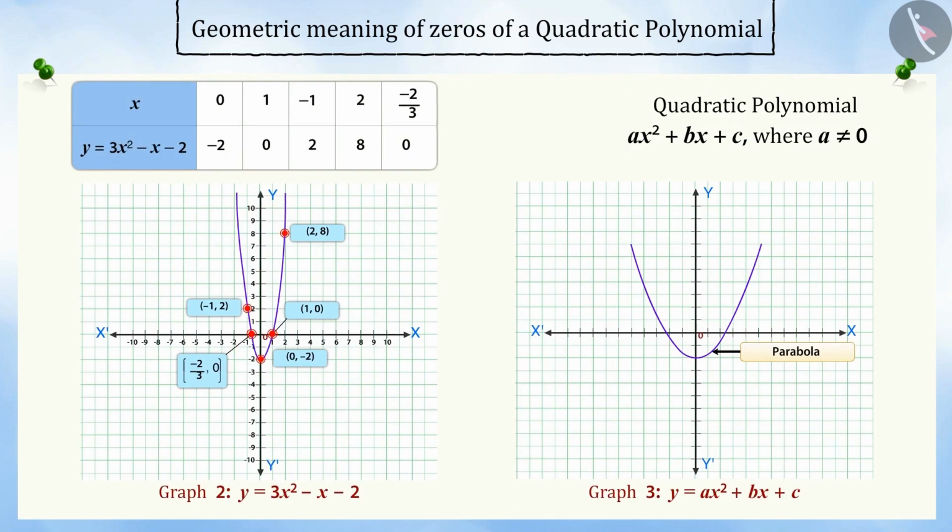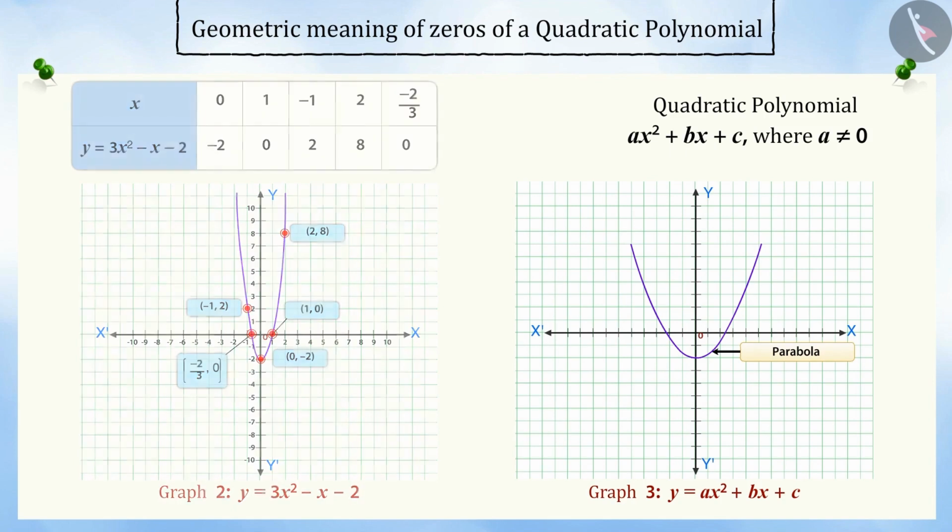With the help of the table, we get to know that 1 and minus 2 by 3 are the two zeros of these polynomials, which is the x-coordinate of the point of intersection of the x-axis for the graph of y is equal to 3x square minus x minus 2.